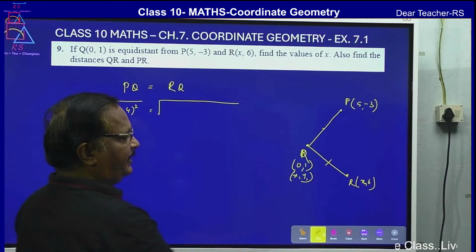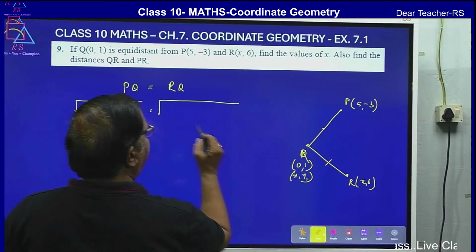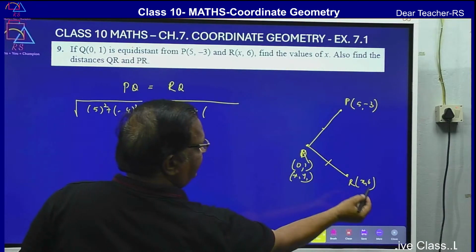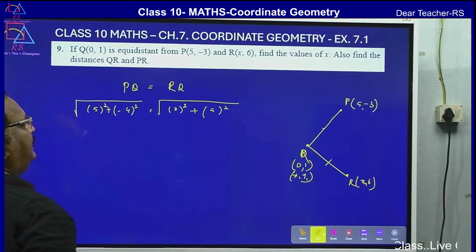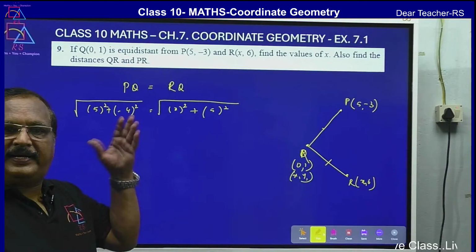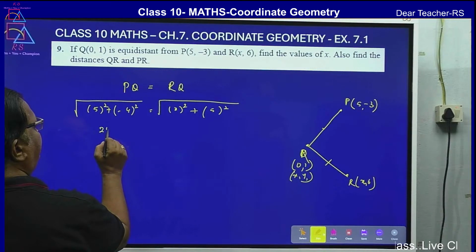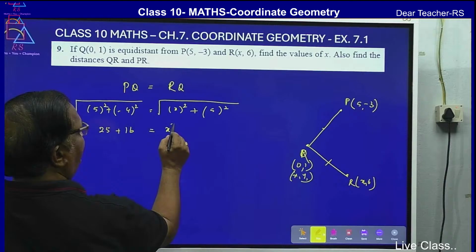Now here R cube: x minus 0, x whole square, and 6 minus 1, it is equal to 5 square. So now the square root we can remove, square root will disappear. So then what happened? 25 plus 16 is equal to x square plus 25.